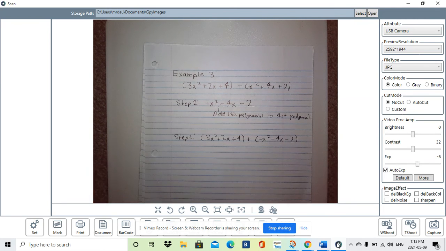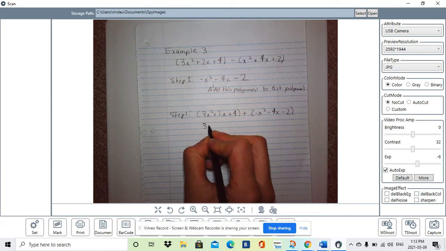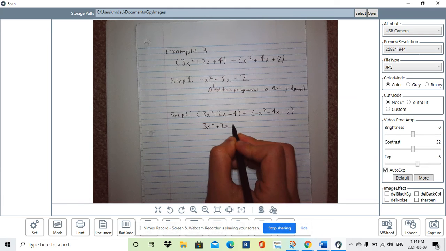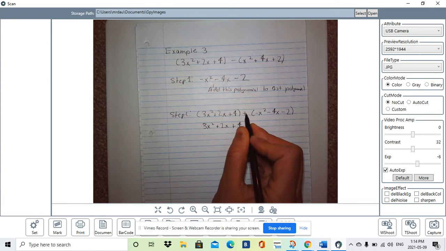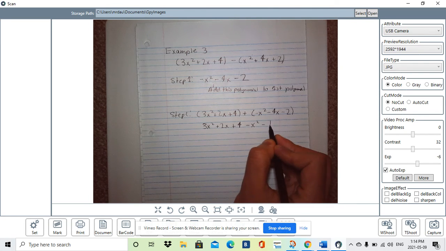Now we simply add these two polynomials together, just like we did in the first two examples. The first step is removing the brackets. Now it's safe to do so because we're adding them together. Remember, plus negative x squared is just minus x squared. Plus negative 4x is also equal to minus 4x.